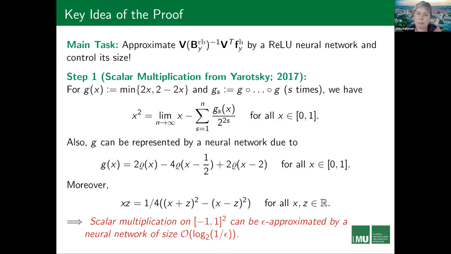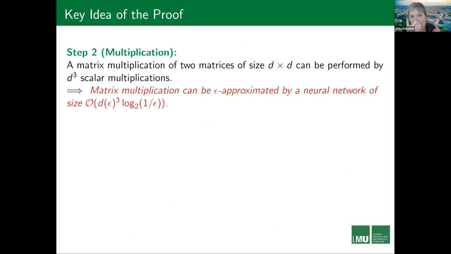Now you can do scalar multiplication. If you can do that, you can also multiply matrices, with that many scalar multiplications. That's not the best you can do. If you know work by Schoenberg and so on, you can get less, but it's sufficient for our purposes. So again, you can control the size of that.